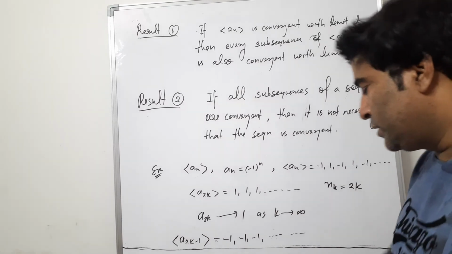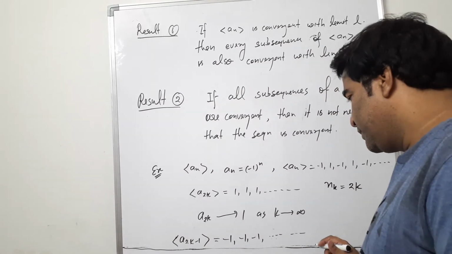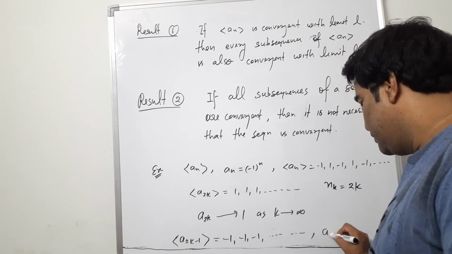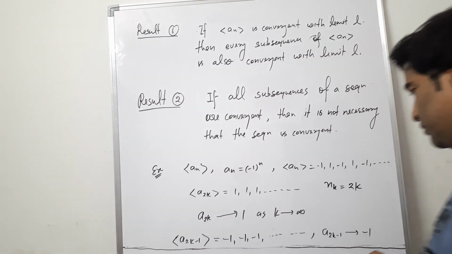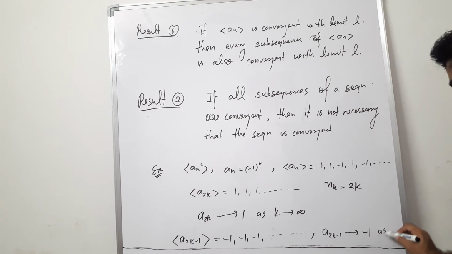So it is clear that this subsequence converges to -1 as k tends to infinity.